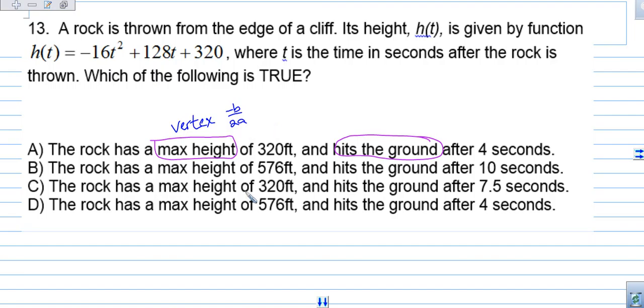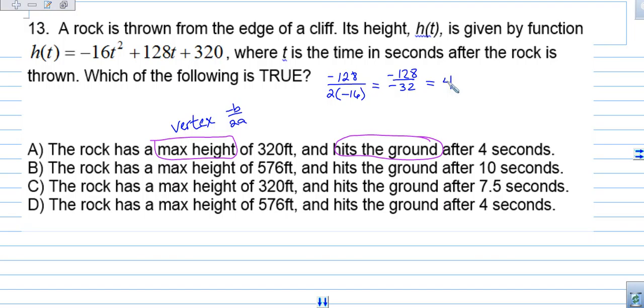So what you'll do is take the 128, the positive 128 for b, and make it negative, over 2 times the negative 16. That'll give us negative 128 over negative 32, and you'll get positive 4. Don't let that be your determining factor, because remember, this is the time it takes to get to the max height. So the max height happens after 4 seconds.